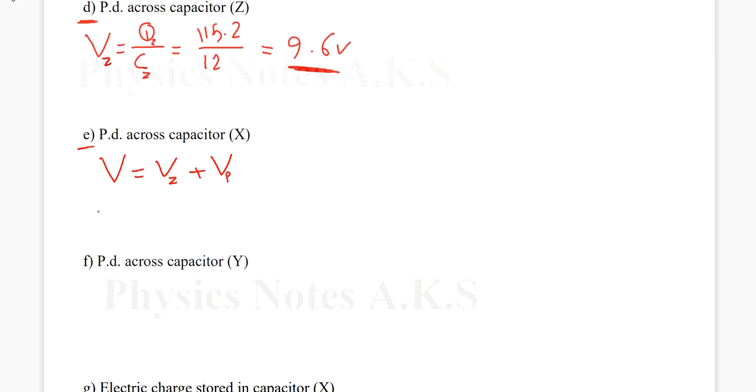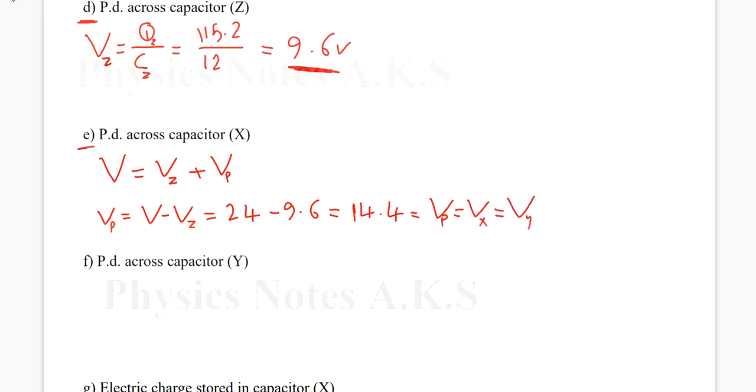This means that V parallel, I take the VZ to the other side, will be V minus VZ, which is actually 24 minus 9.6, which equals 14.4. This is the voltage in the parallel combination, which is the same as the voltage in X, which is also the same as the voltage in Y. I hope it's clear.